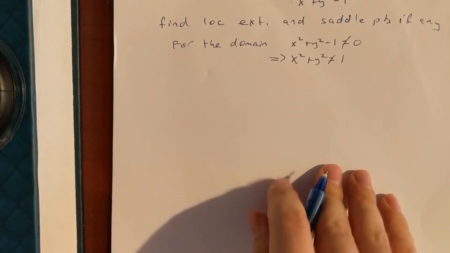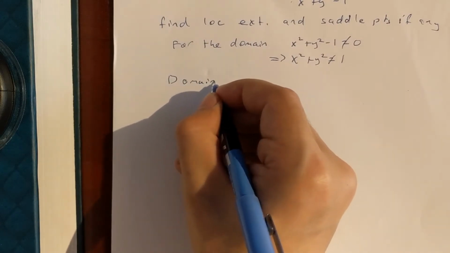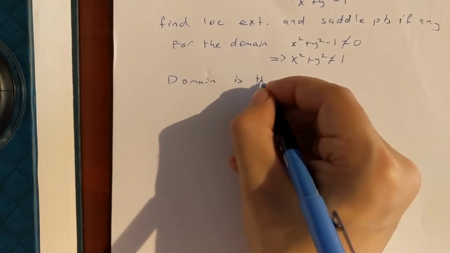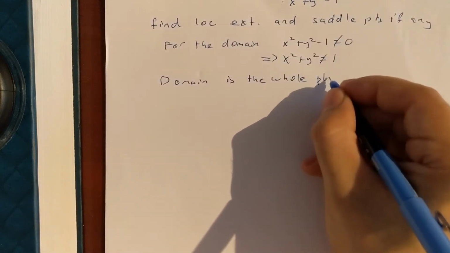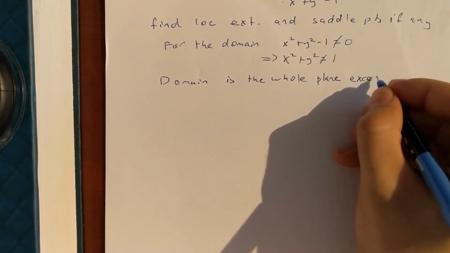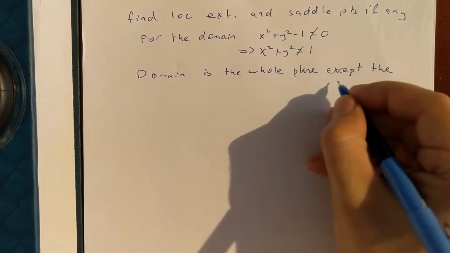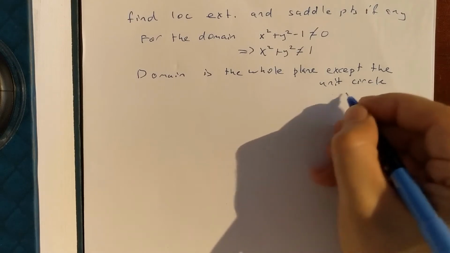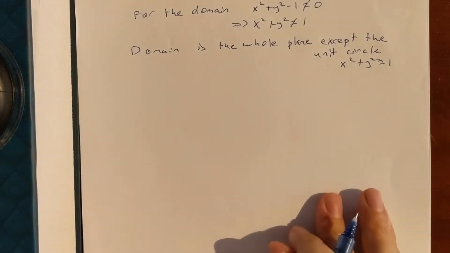So our domain is the whole plane, R squared, except the unit circle. That's going to be out of bounds.